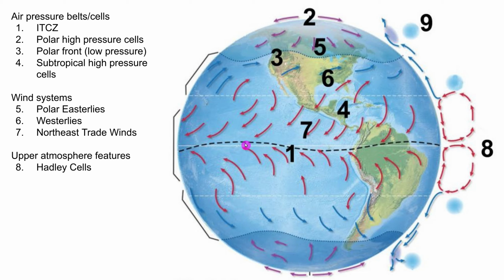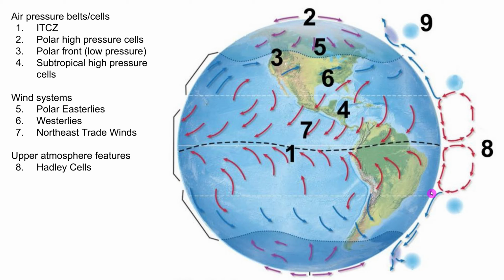And then in the upper atmosphere, we have Hadley cells, where the air is rising and expanding and spreading out, diverging, and then sinking at the surface and diverging, eventually making the westerlies and the northeast trades. The Hadley cells are mirror images, huge rotating bodies of air rising over the equator, sinking in the tropics.